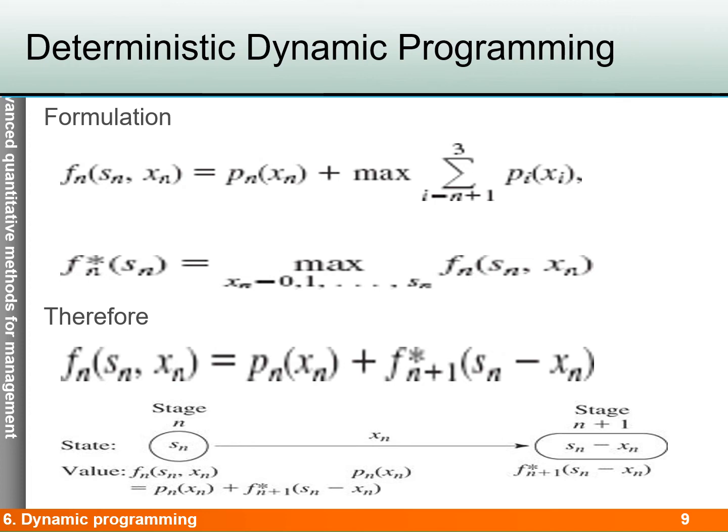In our solution, we'll see that. So the state is moving from stage n. This is a deterministic dynamic programming with the contribution of xn to sn minus xn, what remains for us with the decision that we made in the previous section.